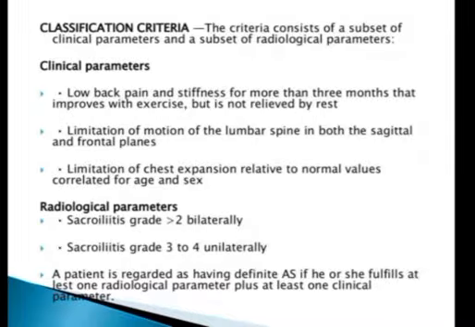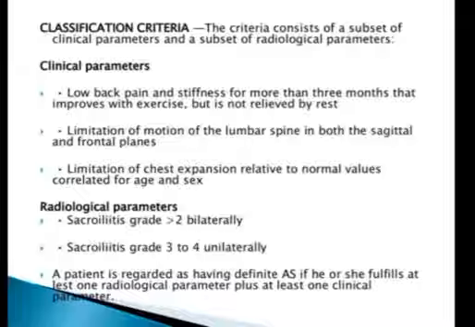Classification criteria. The criteria consist of a subset of clinical parameters and a subset of radiological parameters. Clinical parameters include low back pain and stiffness for more than 3 months that improves with exercise but is not relieved by rest, limitation of motion of the lumbar spine in both sagittal and frontal planes, and limitation of chest expansion relative to normal values for age and sex.